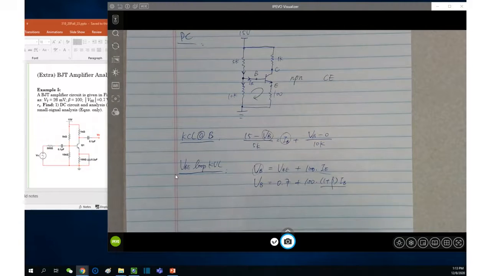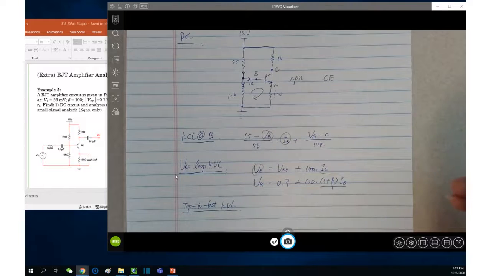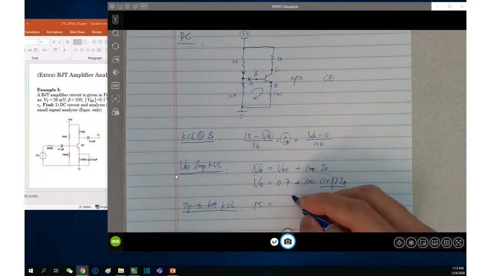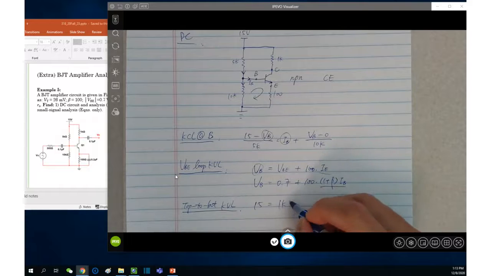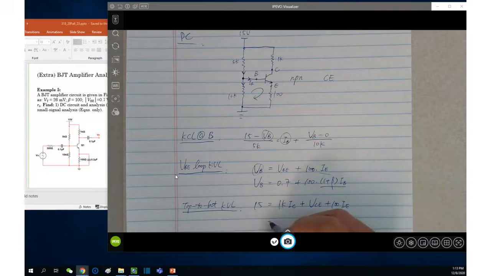And the last one is the top to bottom KVL, which is 15 equals 1K times IC plus VCE plus 100 times IE. Therefore, it equals 1K times beta IB plus VCE plus 100 times (1 plus beta) IB.